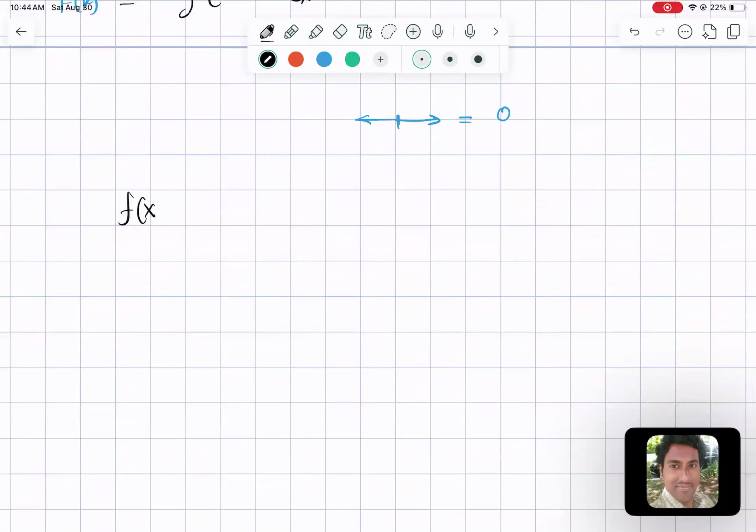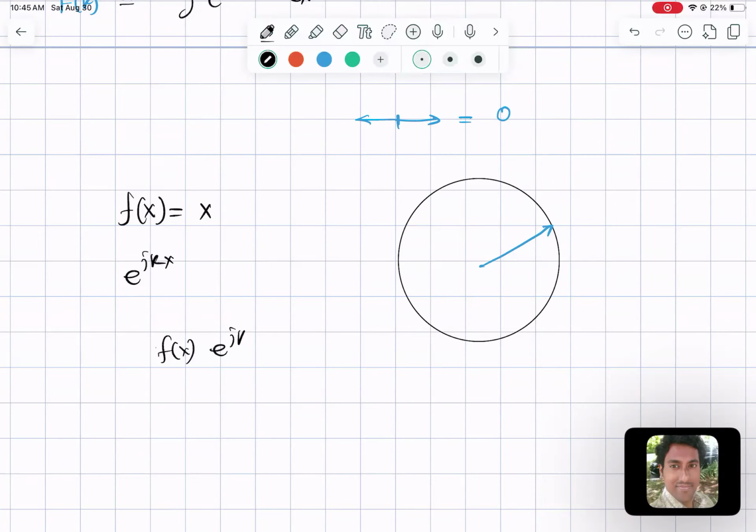f of x is, say, just x. Okay, and we have e to the power ikx. We want to sum it up. So we take a vector here, and if we want to sum up f of x e to the power ikx dx, then what happens? We take the vector e to the power ikx like that here, right?